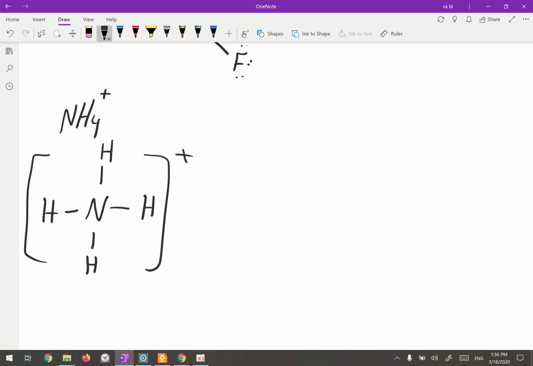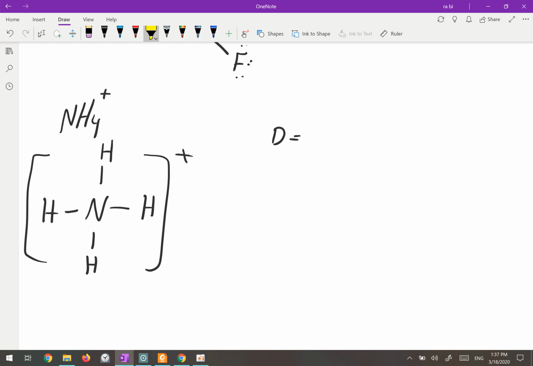So we call it a polyatomic ion. This is the Lewis structure for NH4 plus that we have drawn in the class. The procedure for finding the electronic geometry, molecular geometry, and bond angle for these polyatomic ions is exactly the same as for molecules.